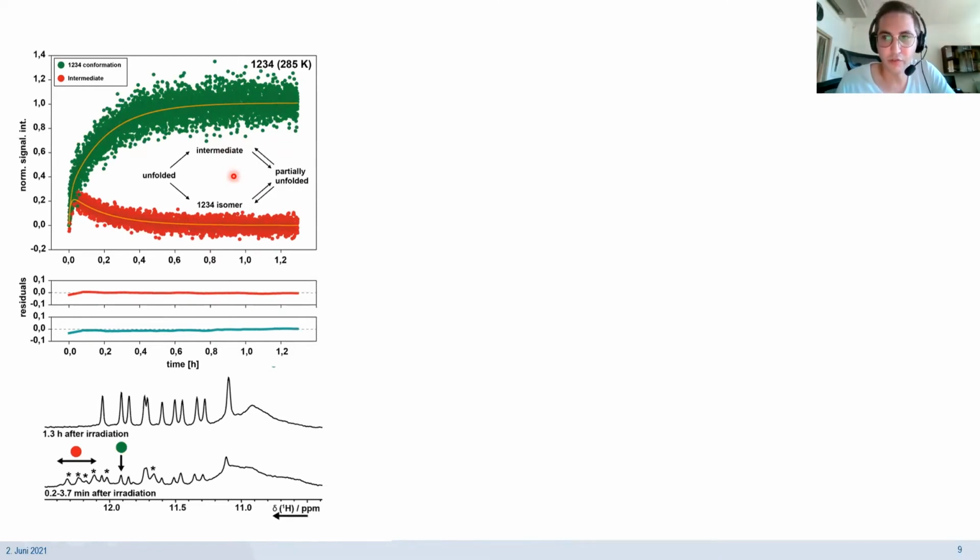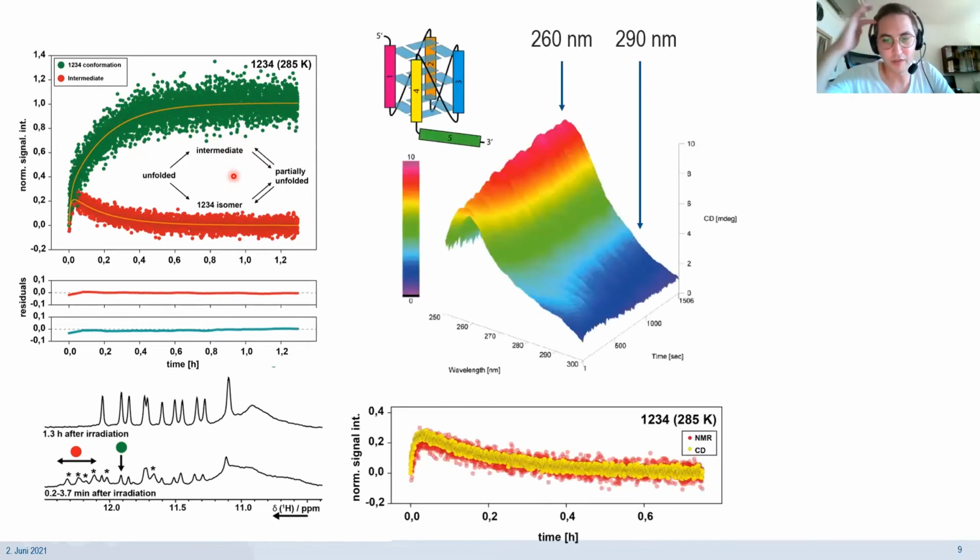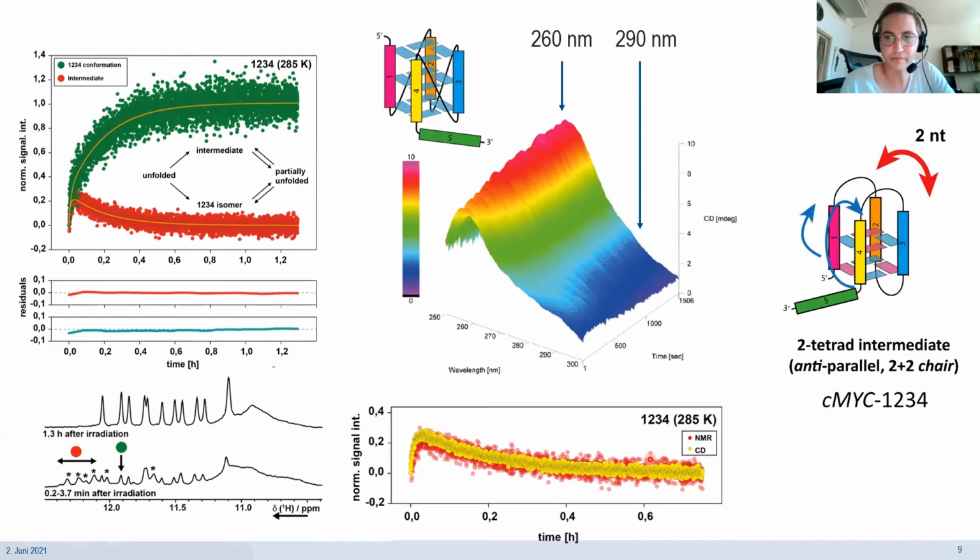This model could be further supported by an independent experimental approach where we measured the kinetics of folding with time-resolved optical spectroscopy, which is CD spectroscopy in this case. And this yields the exact same kinetics for the intermediate formation, but in addition gives you some more structural insight about the nature of the intermediate state.